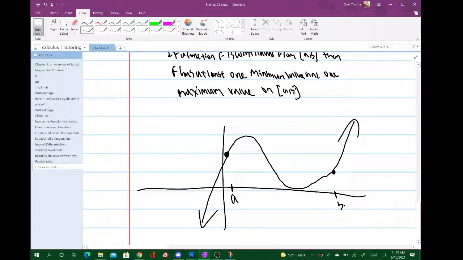You see that in between a and b, the function is continuous on this interval, and that the minimum and maximum values exist. This is a maximum value, and this one is a minimum value. That is what the extreme value theorem says.